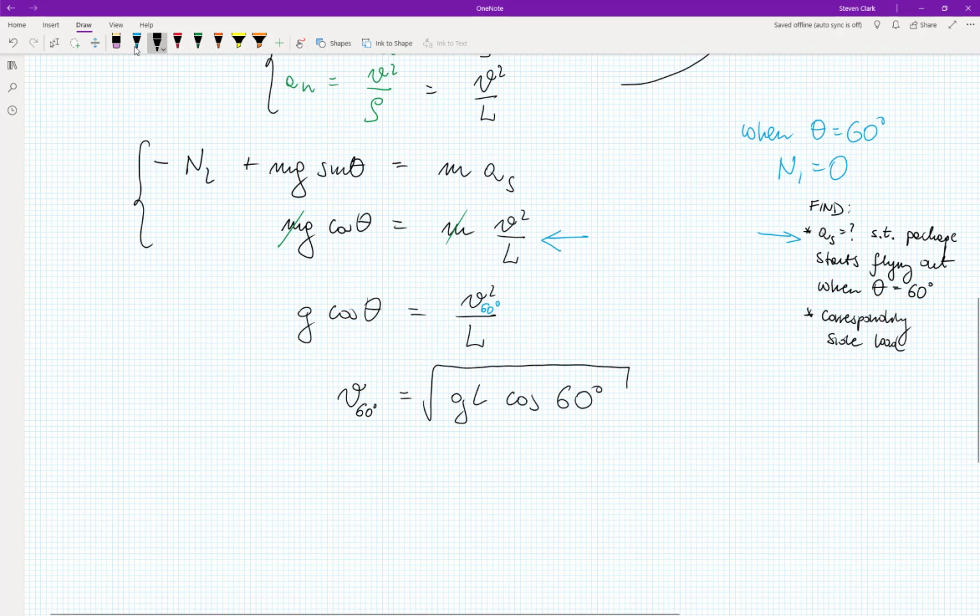I have nothing against plugging 60 instead of theta here. So that would be the square root of 1/2 gL.